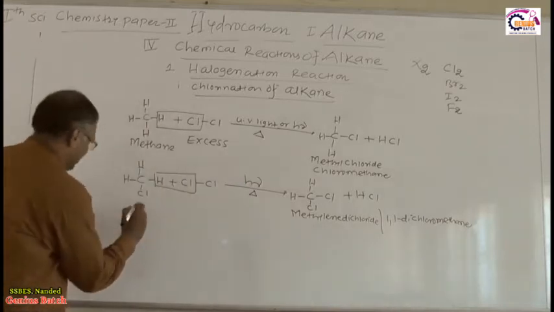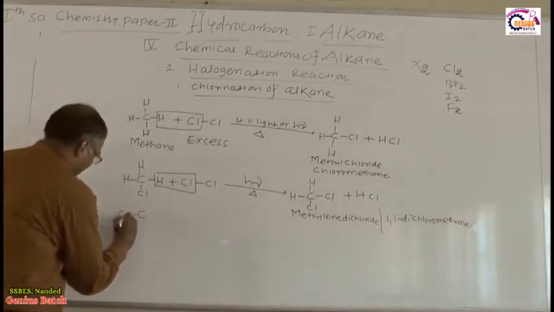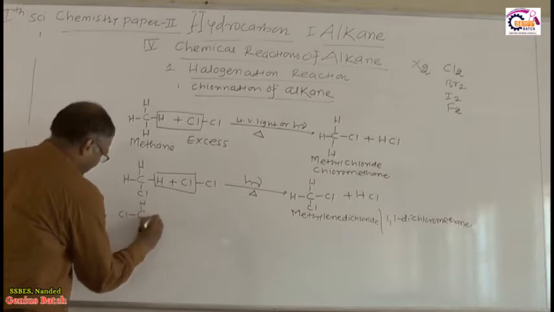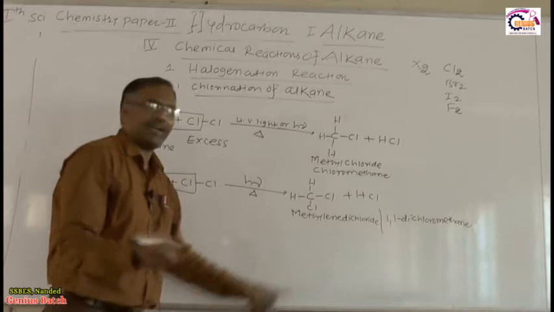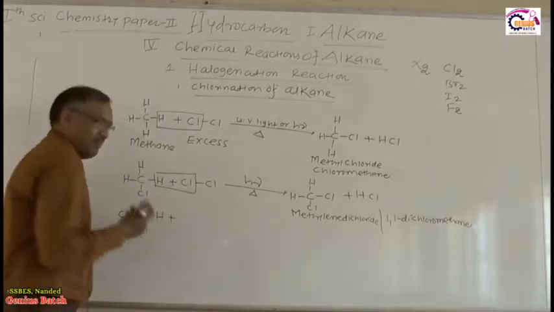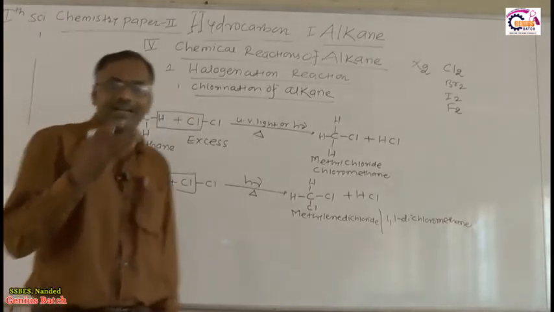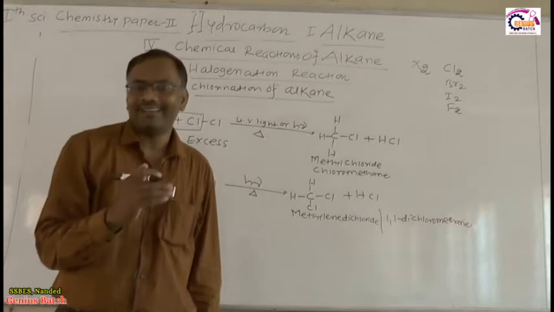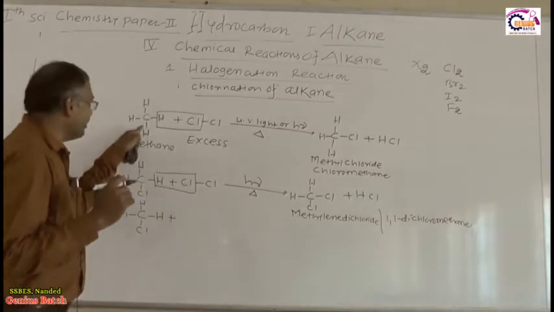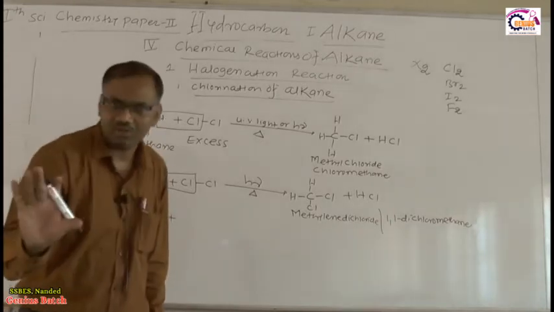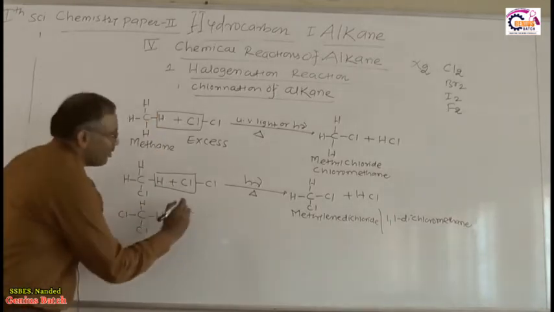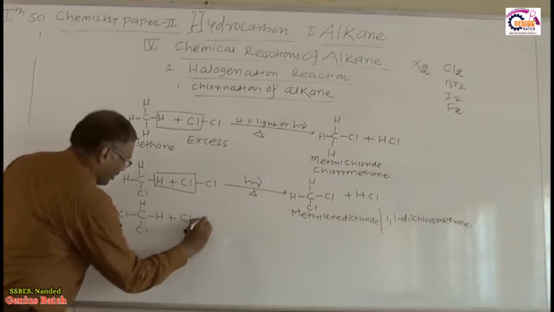Now in the third step, what happened? So this is the chlorine, this is the hydrogen, this is the chlorine. This methylene dichloride again reacts with chlorine, because at the outset I told you that until all the hydrogen atoms are replaced, the reaction will not stop. So this is the third molecule of chlorine.